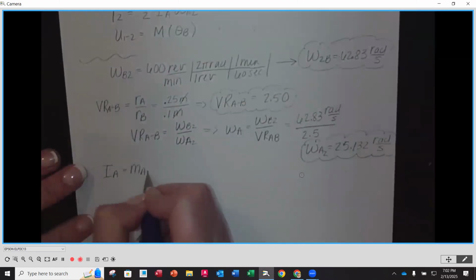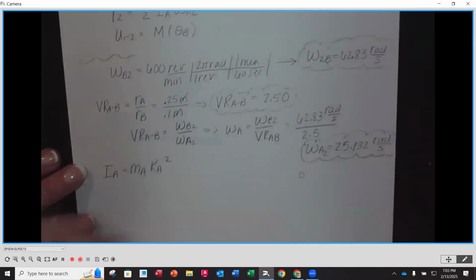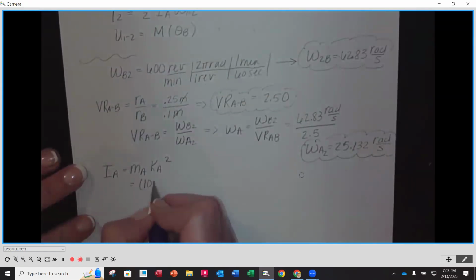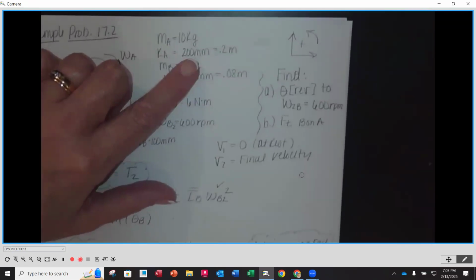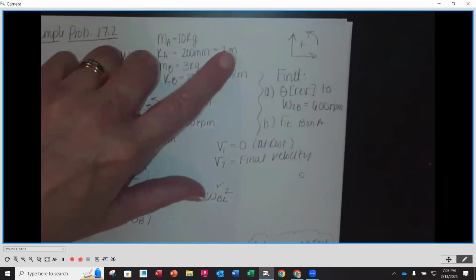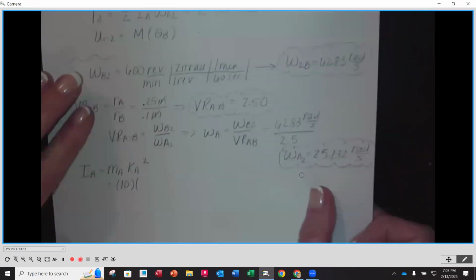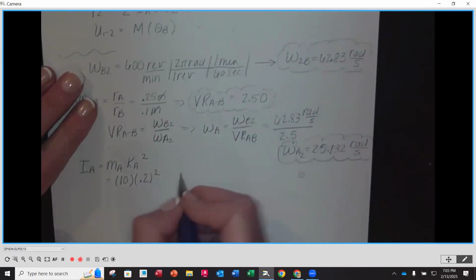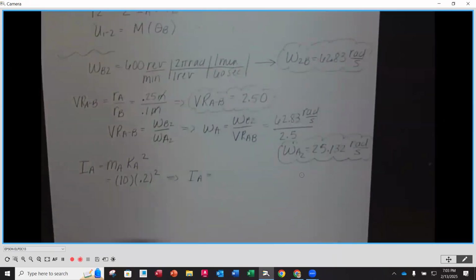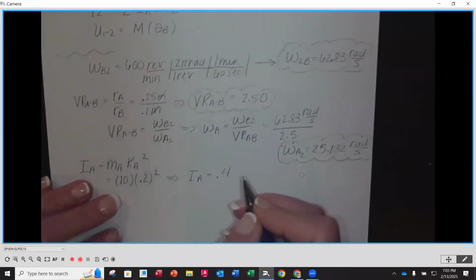That's going to be the mass of A times K of A squared, which is equal to 10 kilograms times, now remember, it gave it to us as 200 millimeters, so we're going to multiply it by 0.2 meters squared. So my moment of inertia about A should be 0.4.